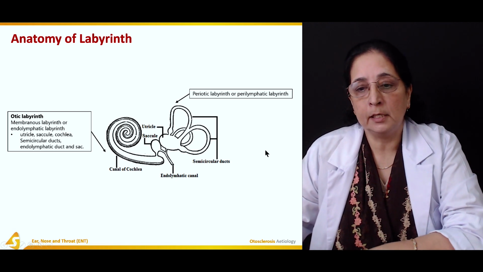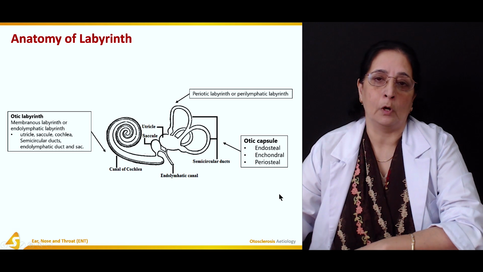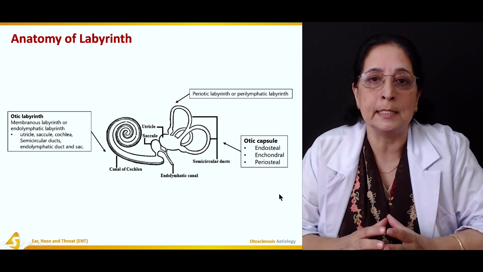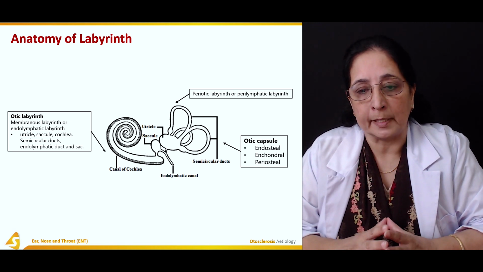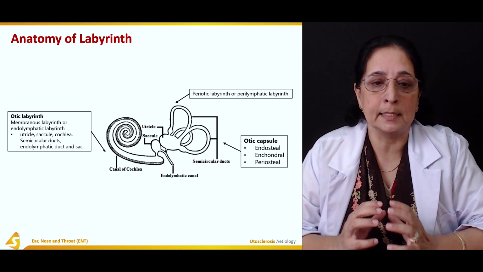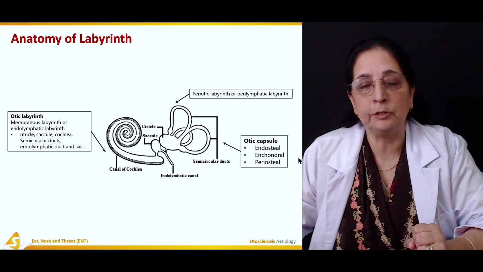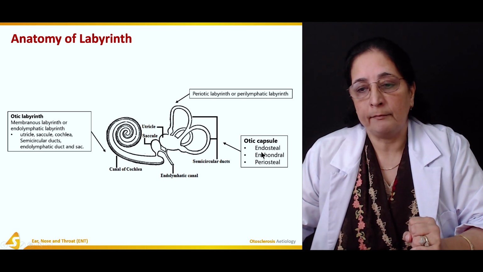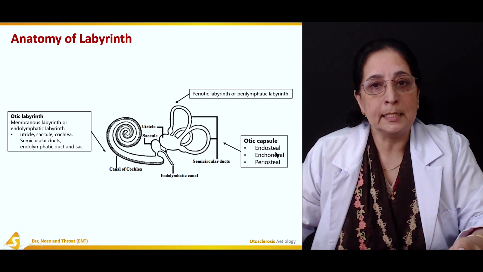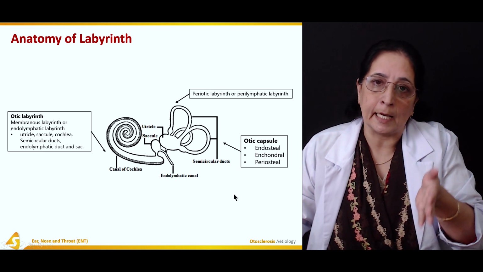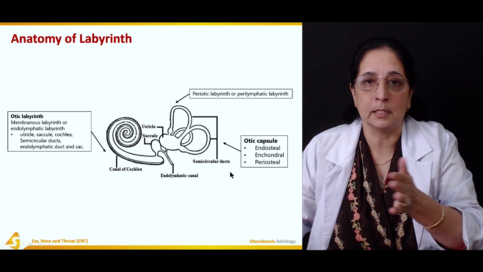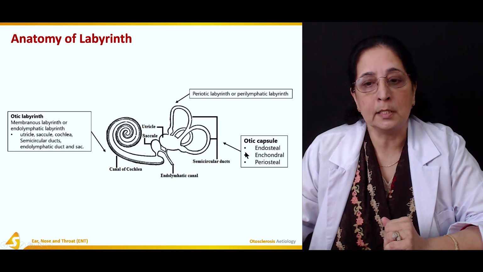Then the third structure, the otic capsule. Otic capsule is also known as the bony labyrinth. The bony labyrinth is made up of three layers. We have the endosteal layer. Endo means inside, and osteum, os, is for the bone. So endosteal.